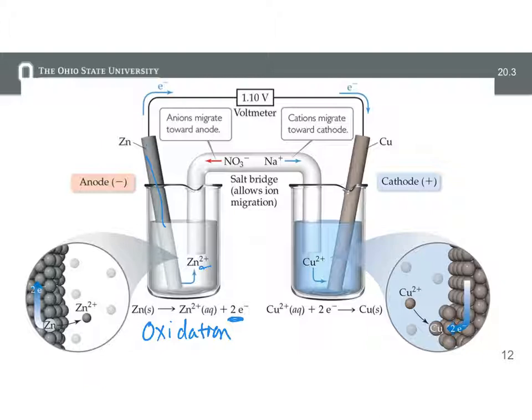And what's going to happen is we're going to connect our zinc half reaction to our copper with a salt bridge. This salt bridge is going to allow for ions to migrate. If we didn't have a salt bridge there, some electrons would flow from the anode to the cathode.